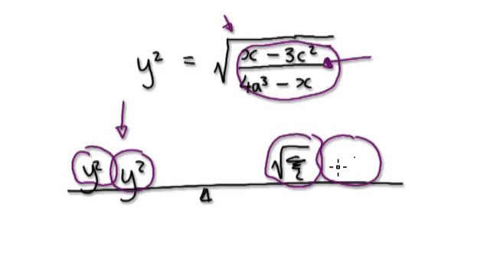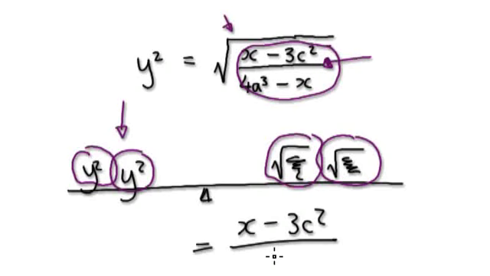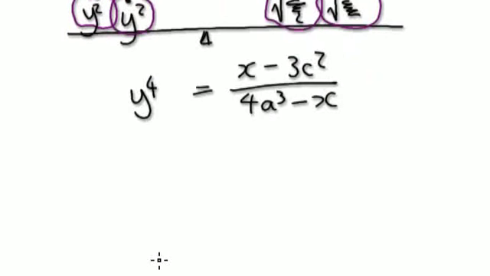On this side it would be what's in the bubble, which is x minus 3c squared over 4a to the power 3 minus x. On the right hand side it's this times this, which is y to the power 4. Okay.